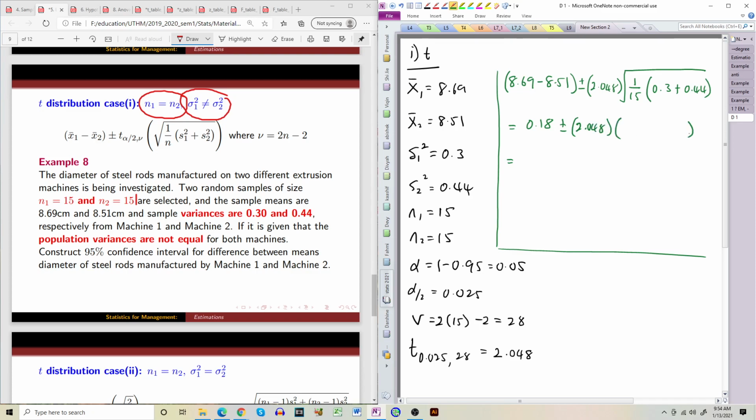Here, this one, 0.3 plus 0.44, 0.74 divided by 15. I forgot to square root it. Oh, this is what you asked just now, I guess. I forgot to take the square root. I am very, very sorry.